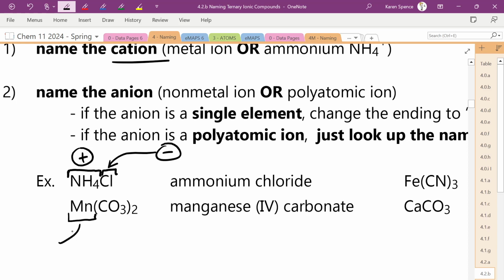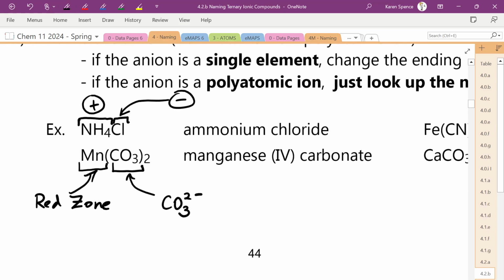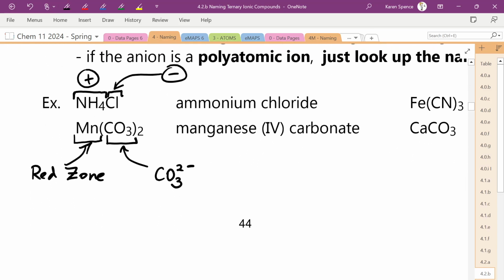We have manganese, which is in the red zone. And we have carbonate. CO3 is 2 negative. So there are 2 ways of finding the charge of that manganese.